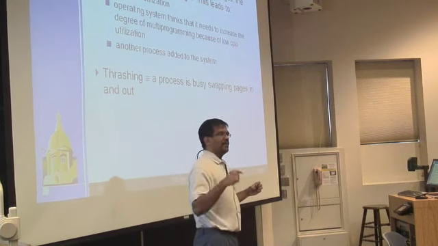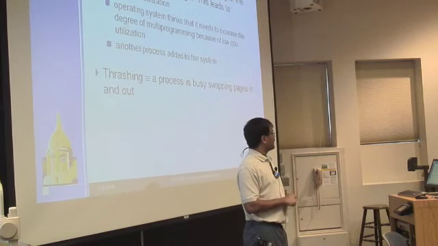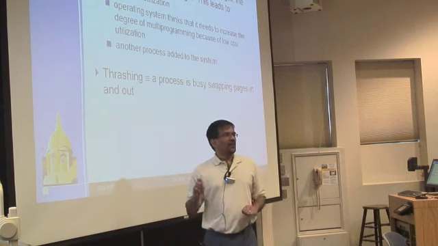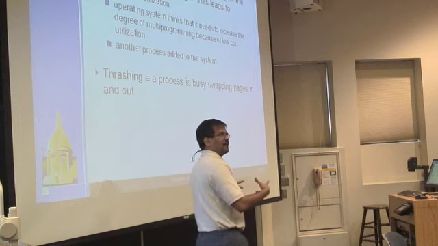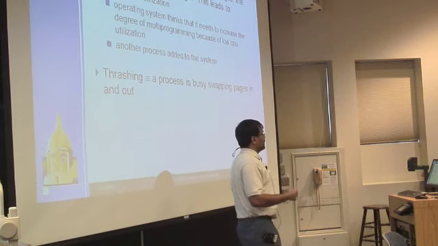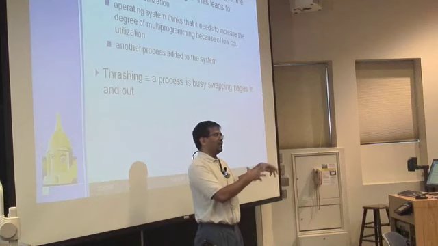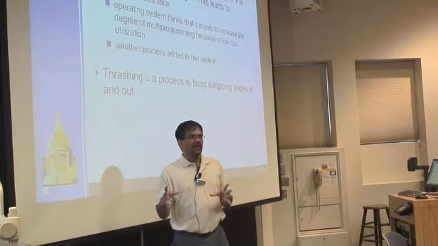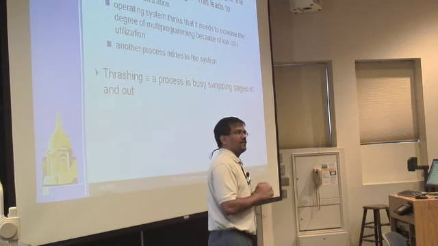You should get the page fault rate as low as possible. But under certain circumstances, your page fault rate will be very high, even though you're doing something good. So the notion of thrashing is trying to quantify which page faults are okay, which page faults should be avoided, and which page faults could not be avoided.